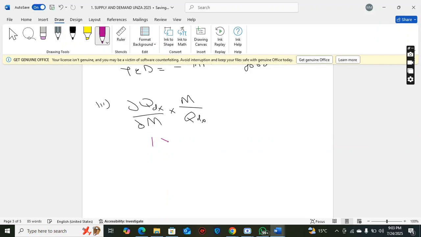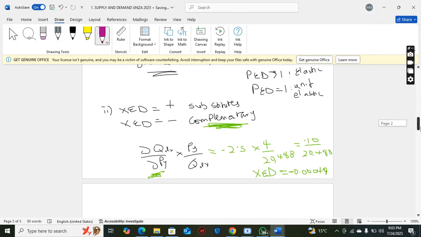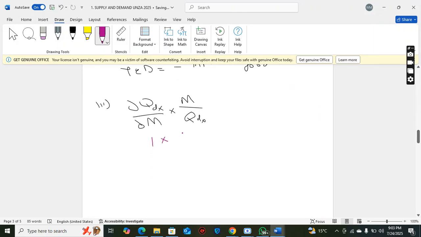So 1 multiplied by m, which in this question is 20,000. So you're going to say 20,000 over 20,488. So 20,000 divided by 20,488, we get 0.976.